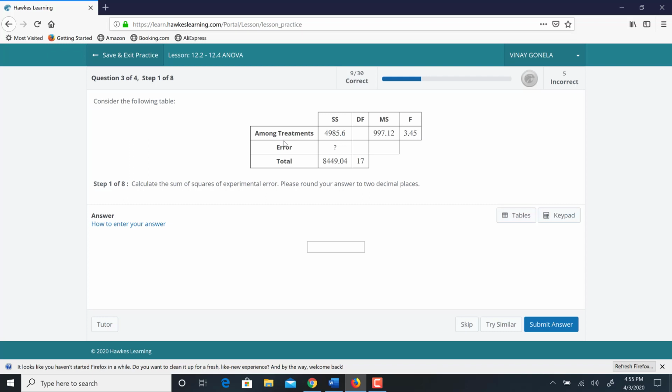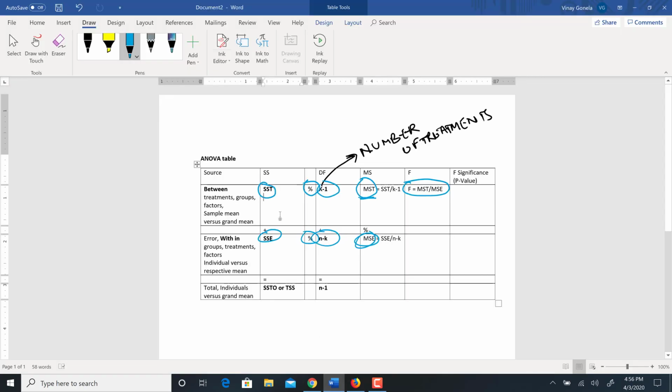So here, consider the table, and they are asking you to calculate the sum of the squares of experimental error. So obviously you know this plus this is going to give you this. Let me copy this value and paste it in our Word document.